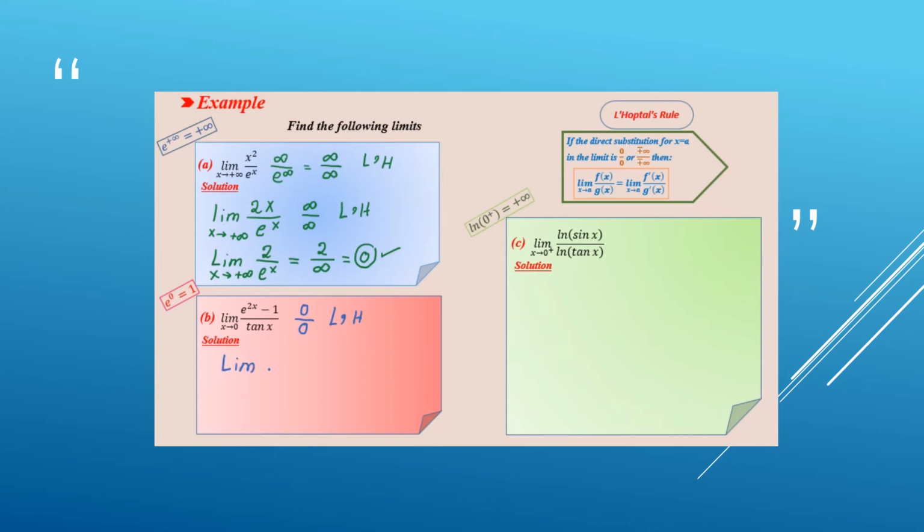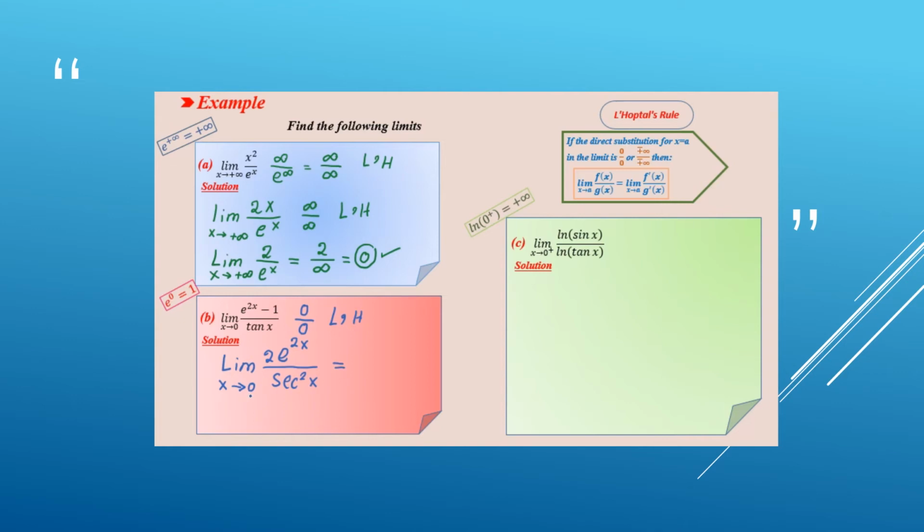So the limit equals: derivative up, we have e to the power 2x, you have to derive the power, which is 2 multiplied by the same exponential function, and the derivative of negative 1 is equal to 0 since negative 1 is a constant. The derivative down, the derivative of tan x, is secant squared x, when x goes to 0.